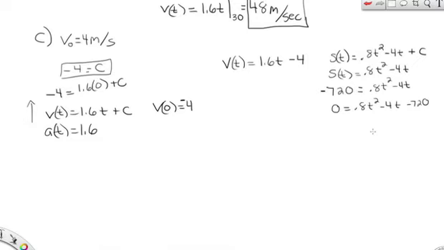I'm going to change my window to go up to a maximum of x of 30 because I know it took 30 seconds before, so it should be less than 30 this time. I'm going to graph, and I've done something wrong because I don't see it ever hitting 0, and that's not going to be the case.